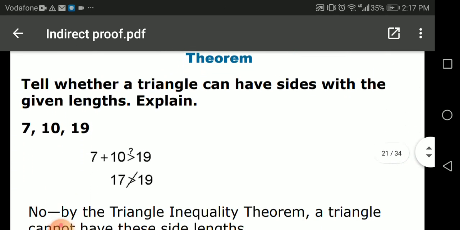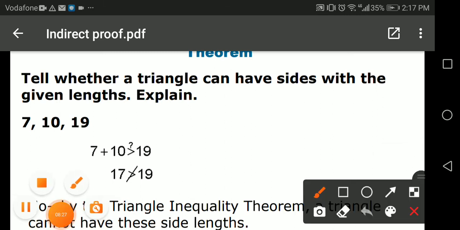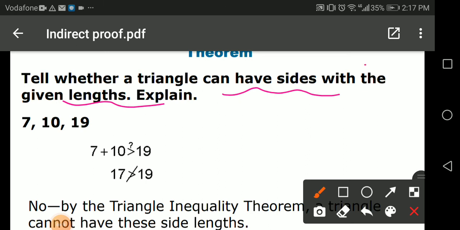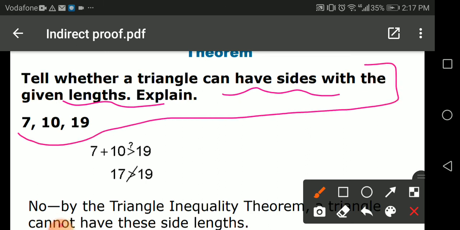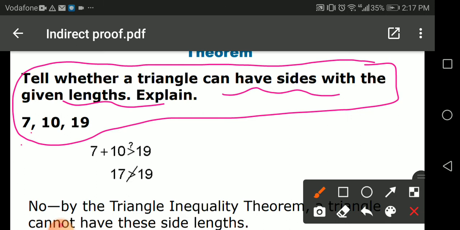Okay, so: tell whether a triangle can have sides with the given lengths. Explain. The question will be exactly like that. So we have 7 and 10.